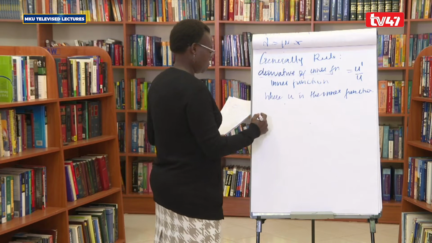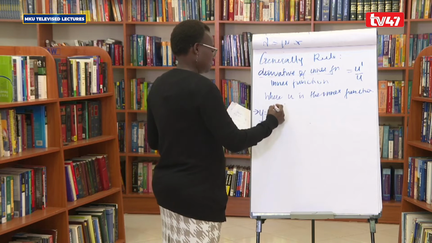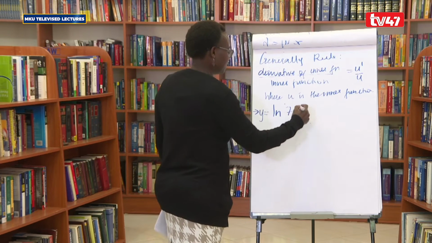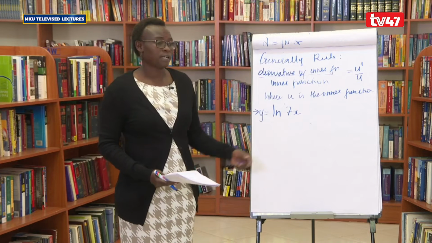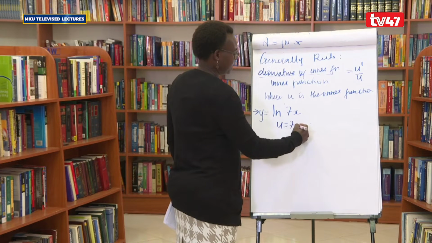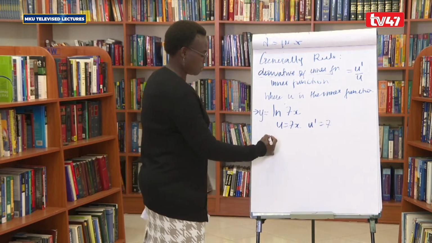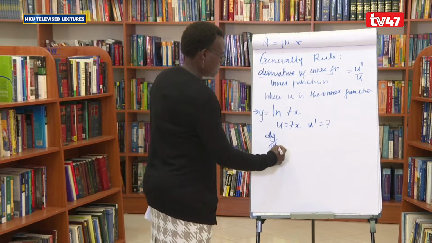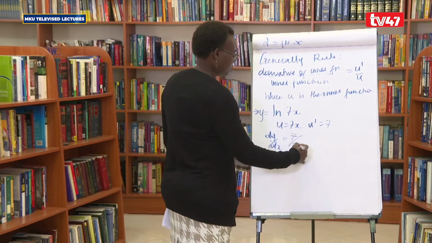So we can go to examples. The first one is y is ln 7x. So our inner function here is 7x, so that will be our u, which implies that u bar is going to be 7. So our derivative is going to be u bar, which is 7, over the inner function, which is 7x.